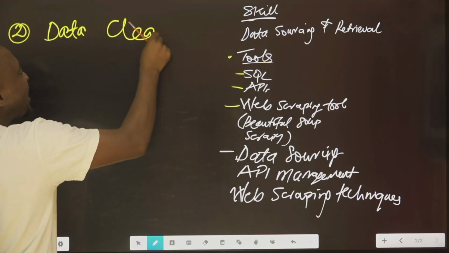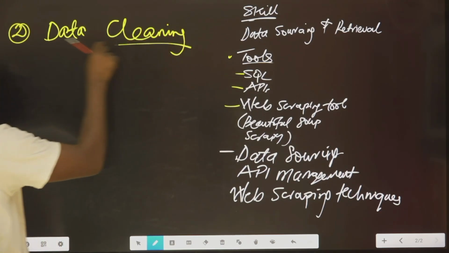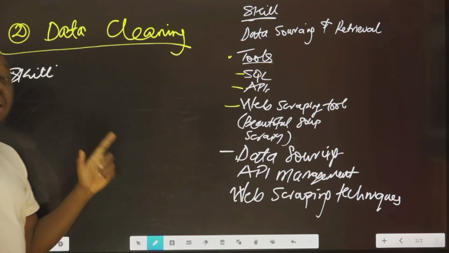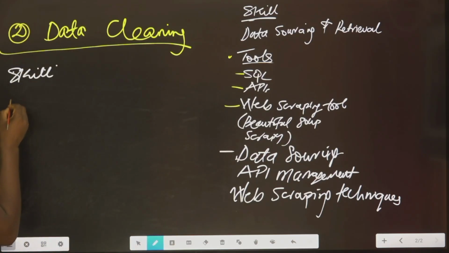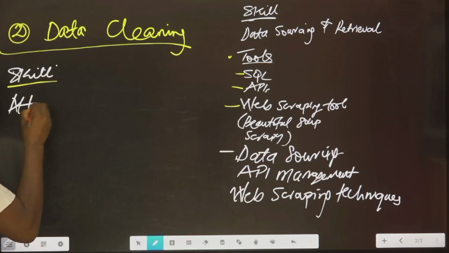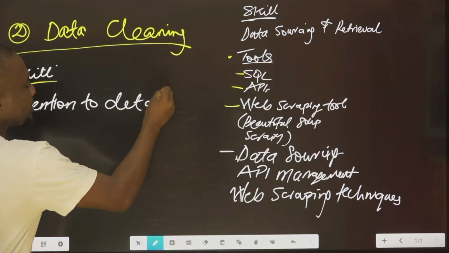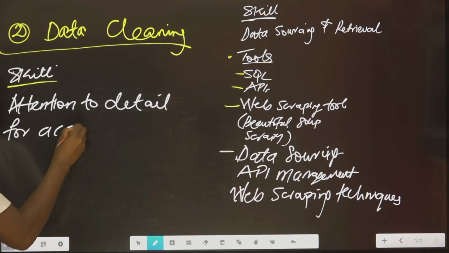Okay? The next one is data cleaning. You need to clean the data. Data cleaning. What skill do you need? The skill you need here is attention to details for accuracy.